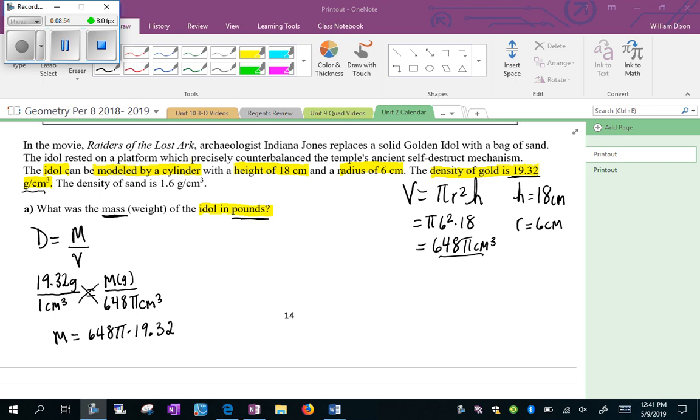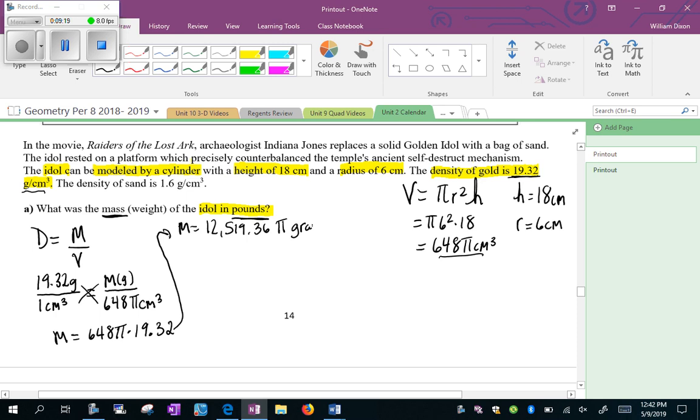I want to multiply that and leave my answer in terms of pi. The mass is going to equal 12,519.36 pi grams. That's the mass.